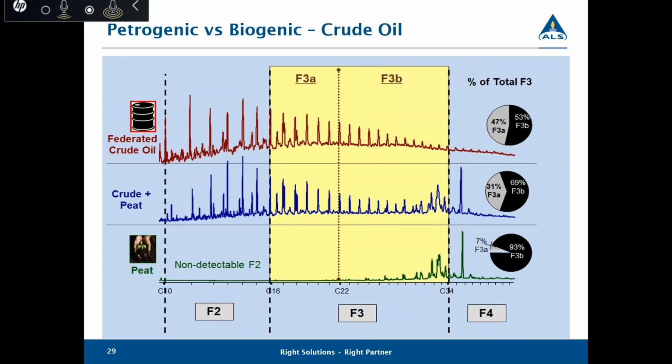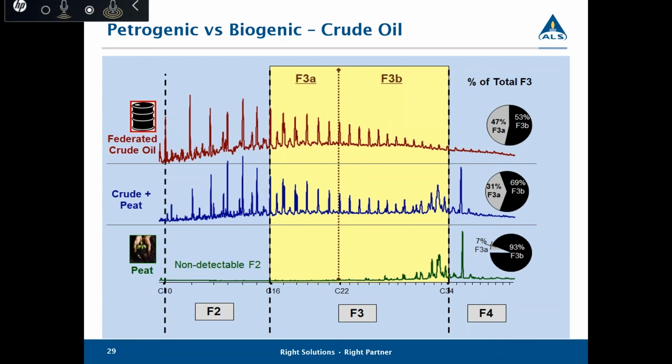Looking at the current slide, actually two slides, this one and the next one, we are going to look at a comparison of the petrogenic versus biogenic petroleum hydrocarbons in crude oil and after that in diesel. The carbon distribution pattern was observed in a study conducted by Francine Kelly-Hooper and the University of Waterloo, among others. The study was conducted on 100 clean and petroleum hydrocarbon contaminated samples.